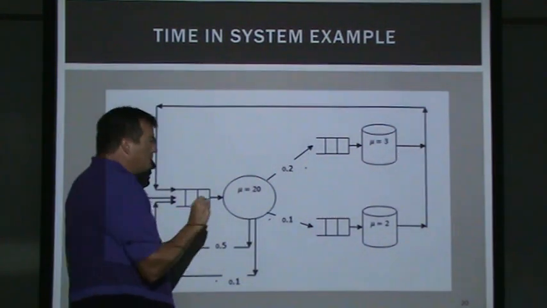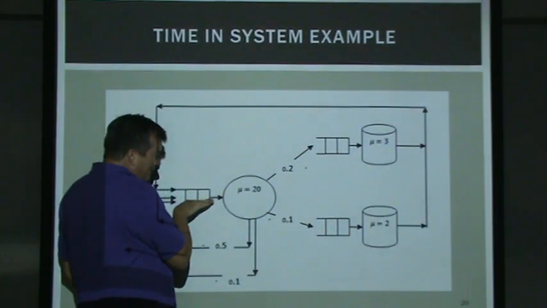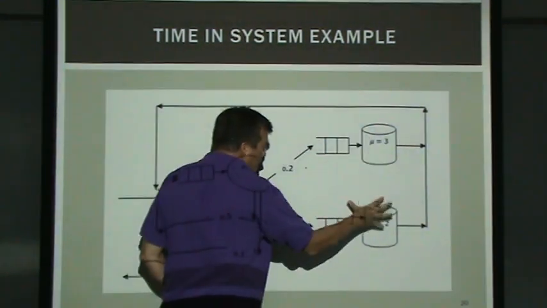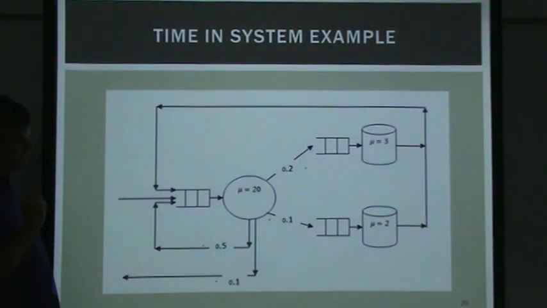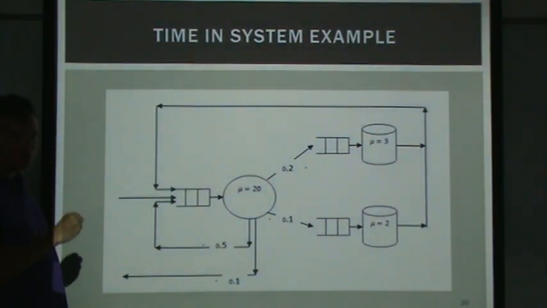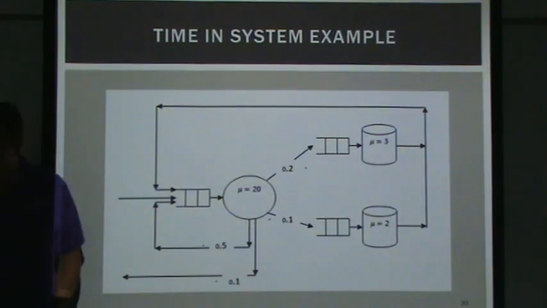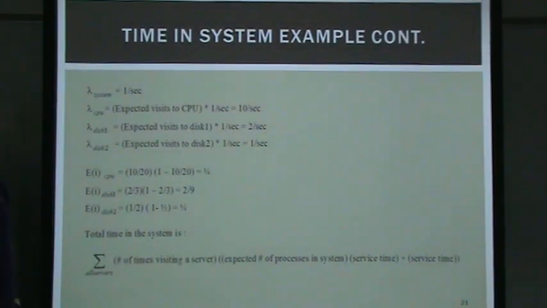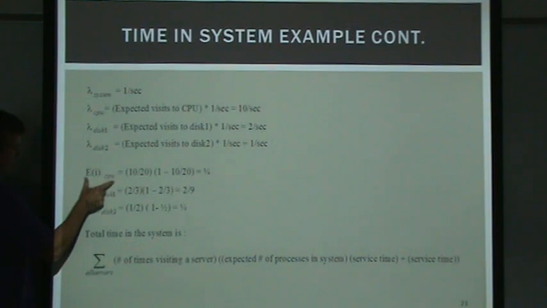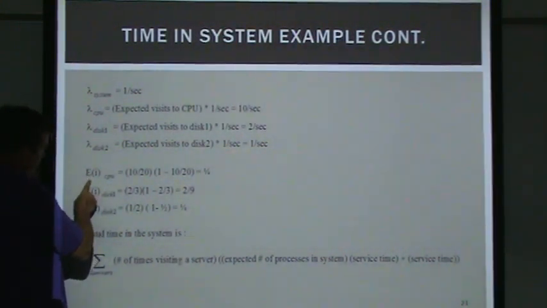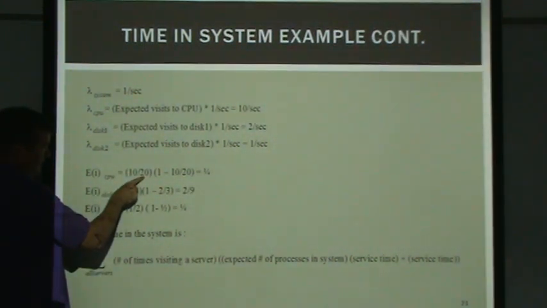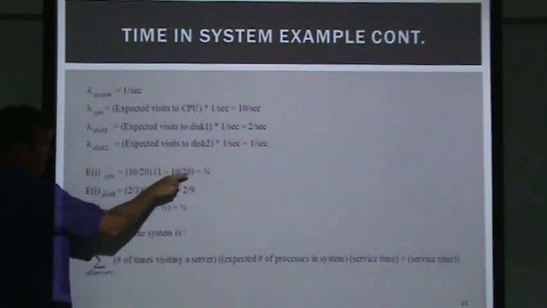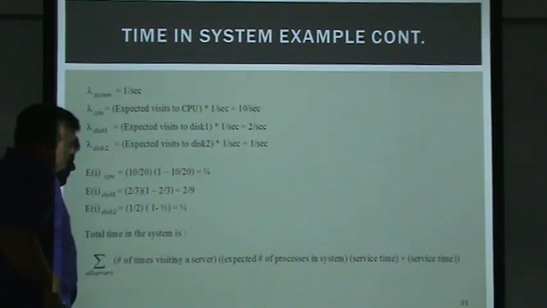So with the mu and the lambda of each of the 3 queues, assuming they're all M/M/1 queues, we can calculate how many customers we expect to be in front of us when we arrive. So the expected number in the system, the expected number in the CPU would be lambda divided by mu times 1 minus lambda divided by mu.